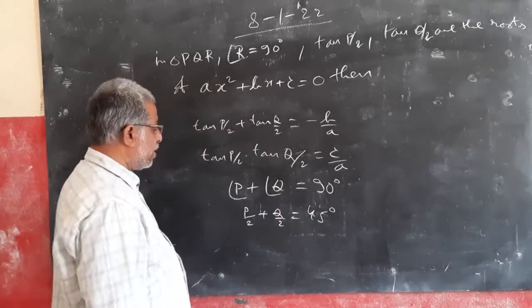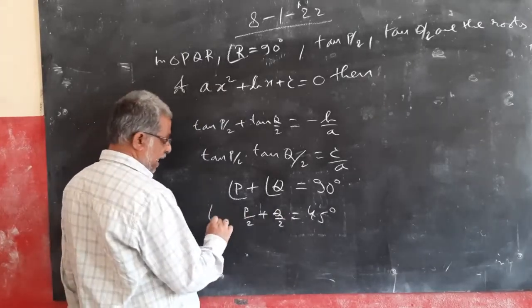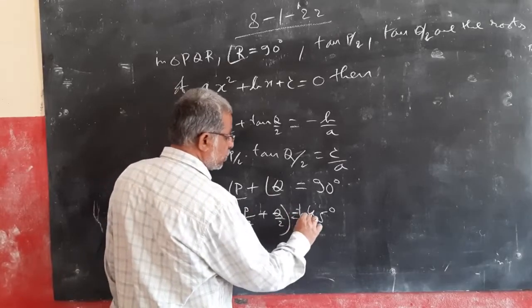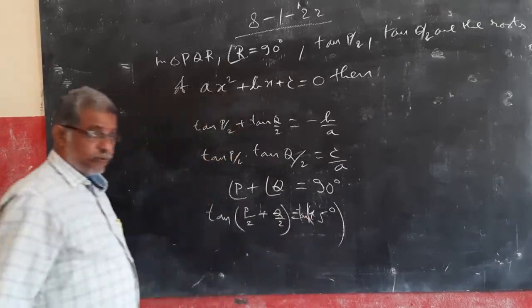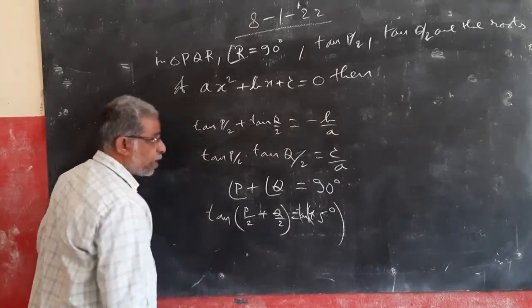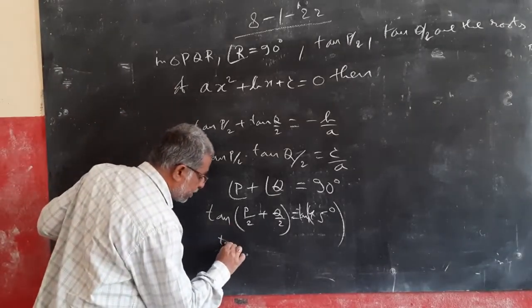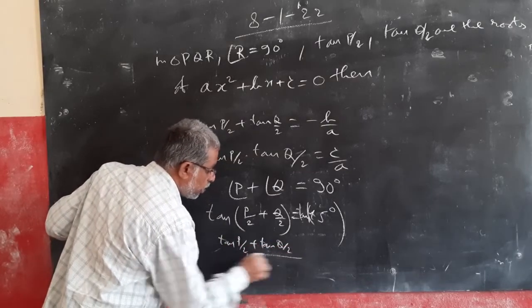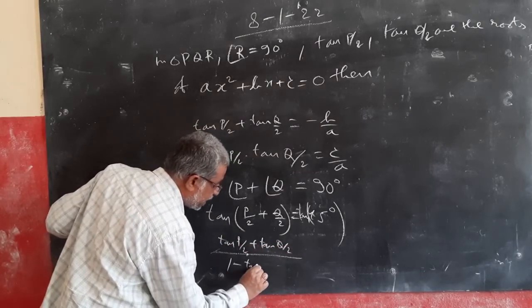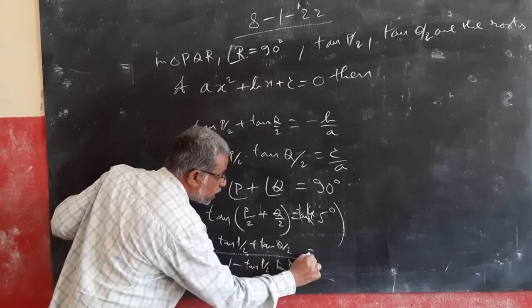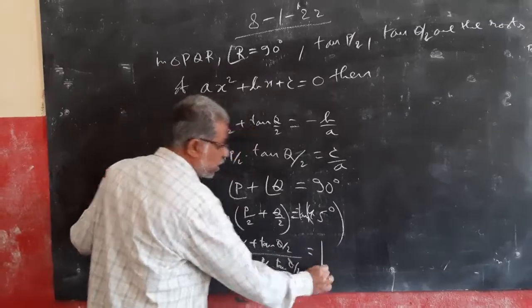Now if I apply tan on both sides, what happens? Tan of P by 2 plus Q by 2 equals tan of 45. Now the tan of A plus B formula I know: tan A plus tan B by 1 minus tan A tan B. So tan P by 2 plus tan Q by 2, by 1 minus tan P by 2 into tan Q by 2, equals tan 45, which is 1.